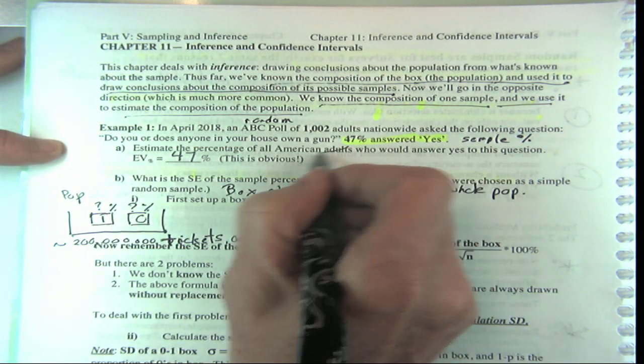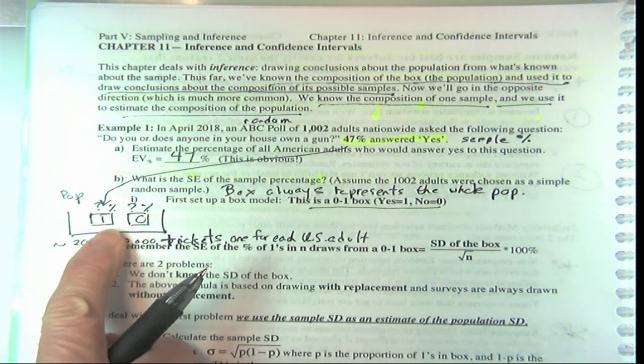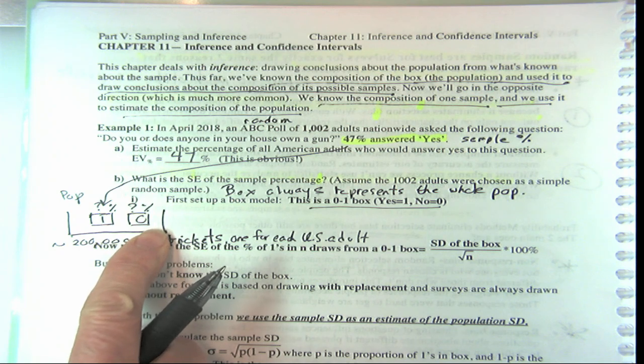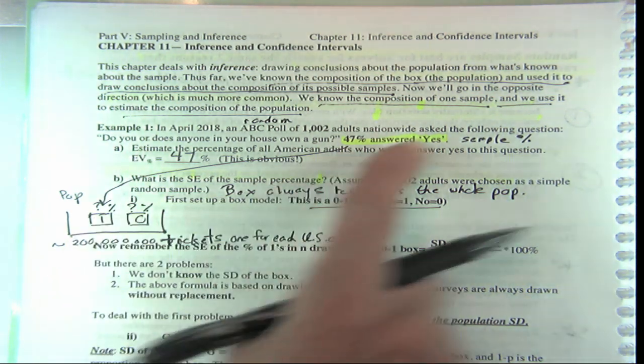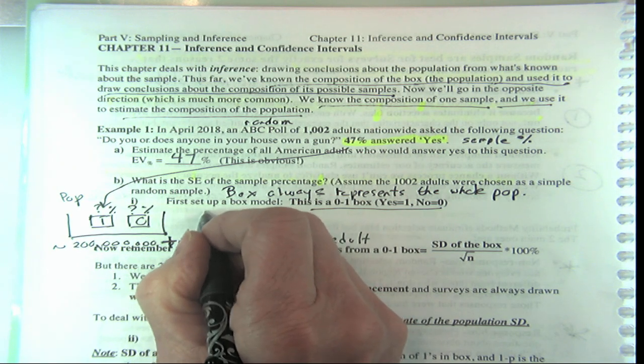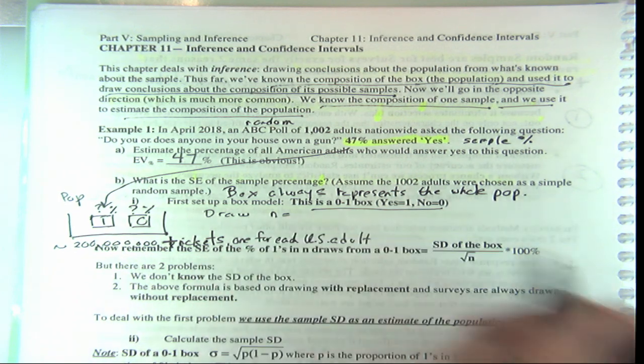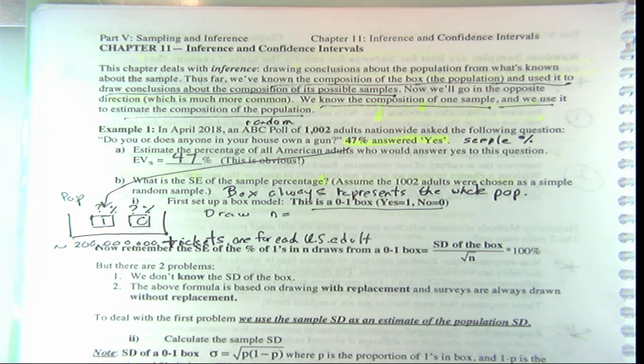So we use the sample percent, 47%, to estimate that. Okay? And now we draw from this box. So our sample is, n equals how many? Where's that? Here it is.